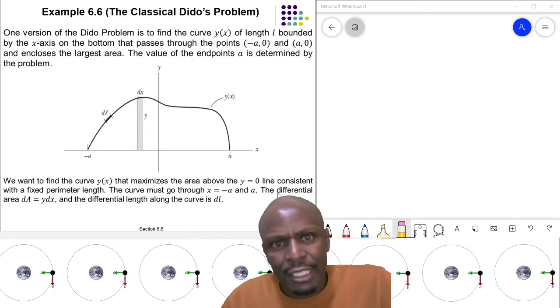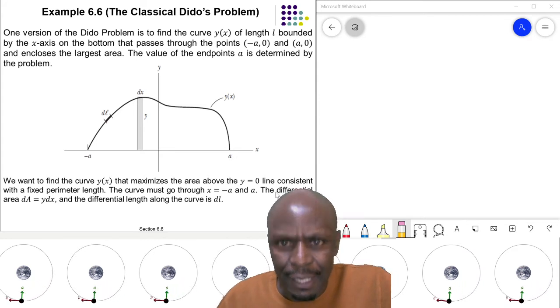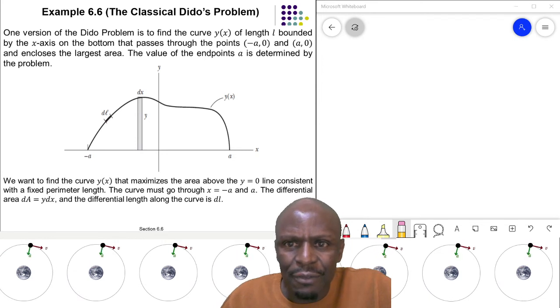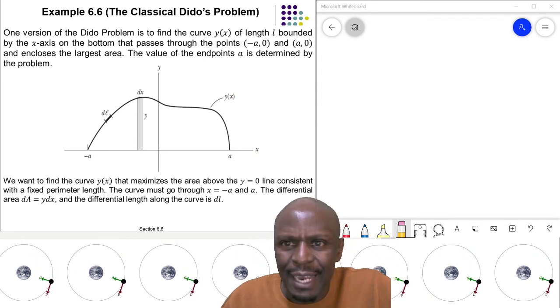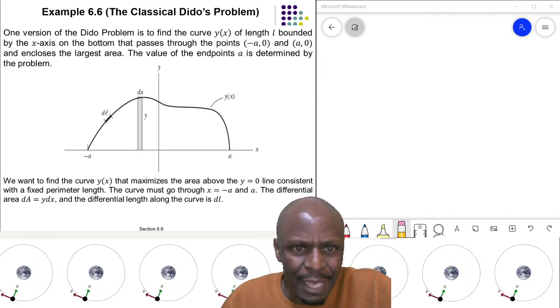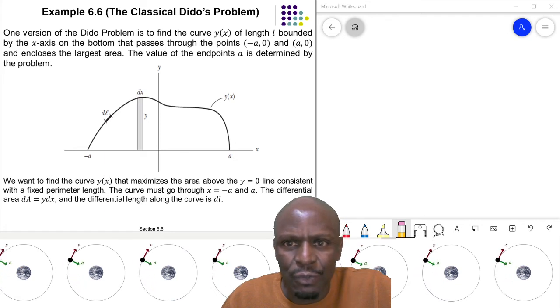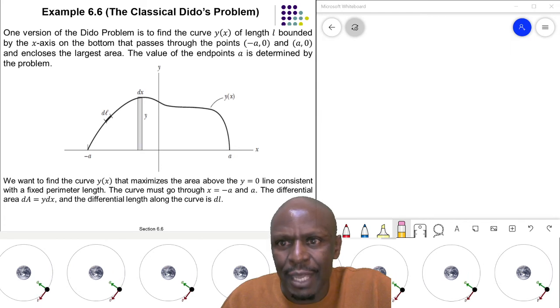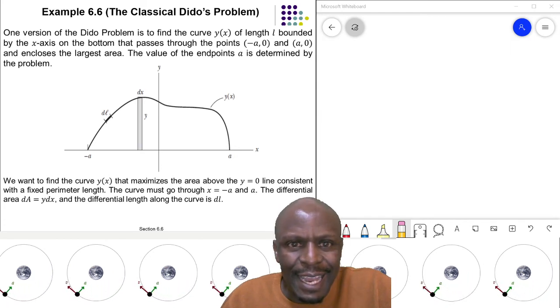Right, now let us do this classical Dido problem. One version of the Dido problem is to find the curve y of length L, bounded by the x-axis on the bottom, that passes through the points from x is minus a to x is a, and includes the largest area.